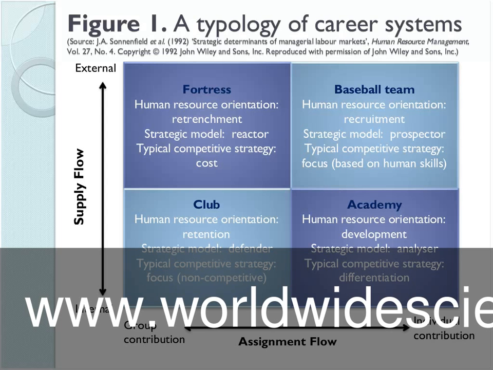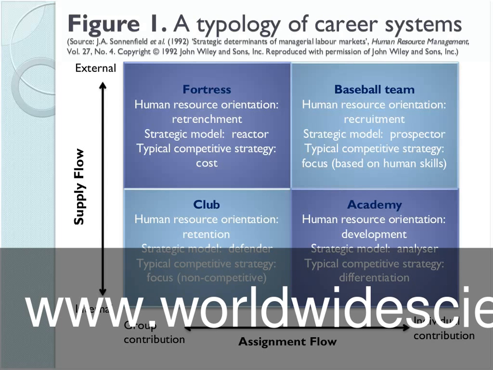So let's talk about each one. The academies. In academies, there is a heavy emphasis on individual contribution in terms of reward and promotion. They are characterized by stability and low turnover of staff, with many employees remaining until retirement. There is an emphasis on development and often competition for promotion, and barriers to leaving the organization.